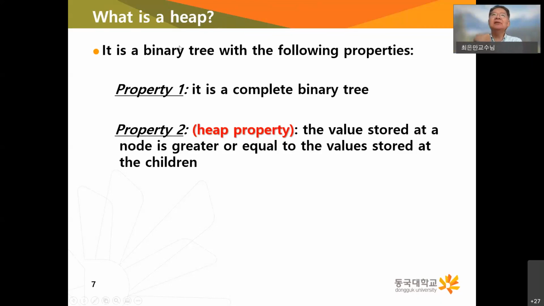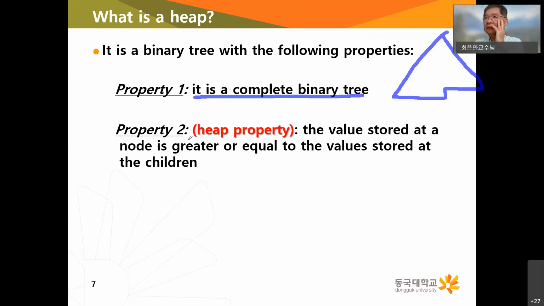Okay. Now we can introduce the heap data structure. Okay, listen carefully. Heap is a binary tree with the following properties. Okay, maybe special kind of binary tree. First property, this is a complete binary tree. What was the complete binary tree? The tree shape like that, right? The first property.